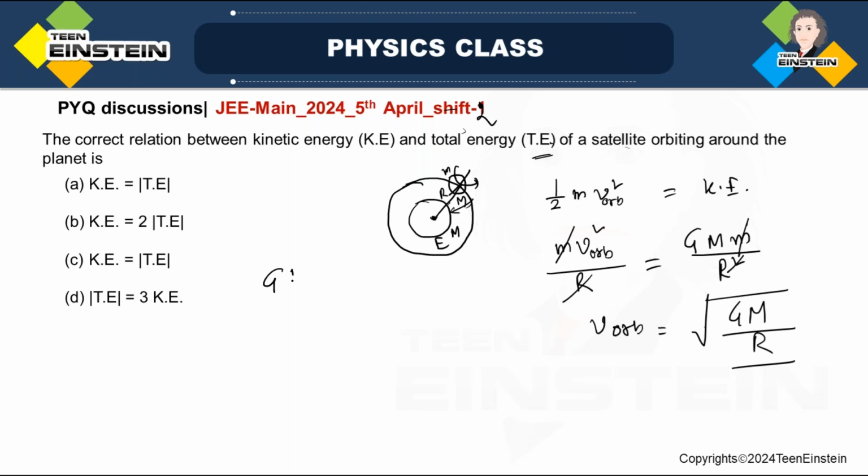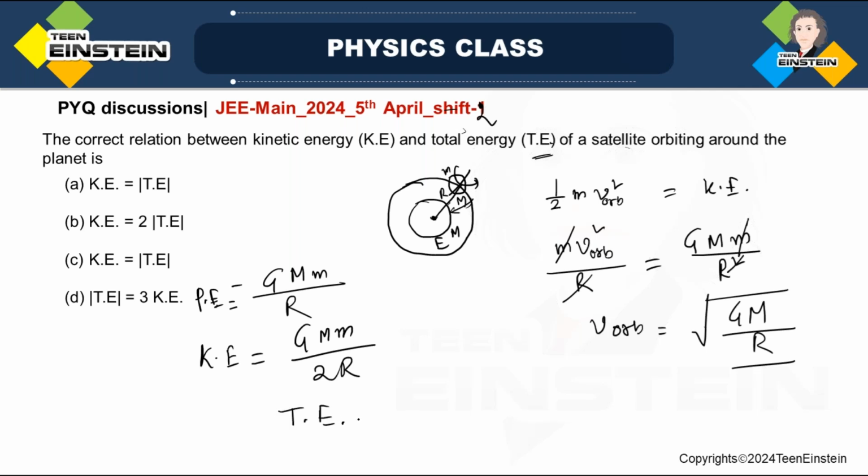Potential energy will be G M m by r. And what is kinetic energy? I have got half m v orbital square, so that means G M m by 2r. These are the two energies which I have to add to get the total energy.